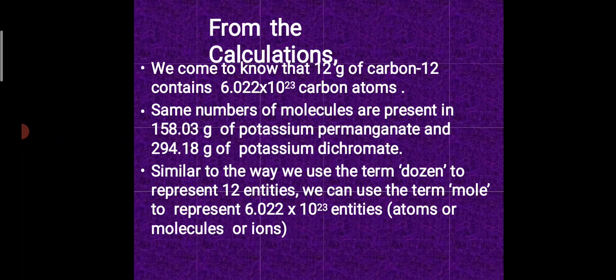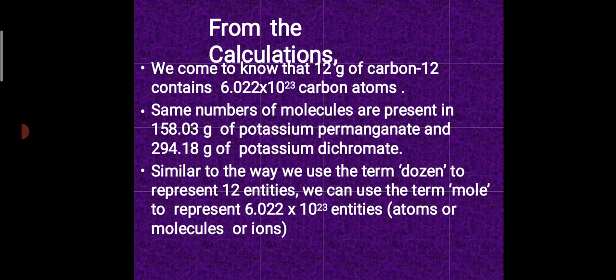So from the calculations, we came to know that 12 grams of carbon-12 contains 6.022 into 10 power 23 carbon atoms. You can write either 022 or 023, everything is fine.